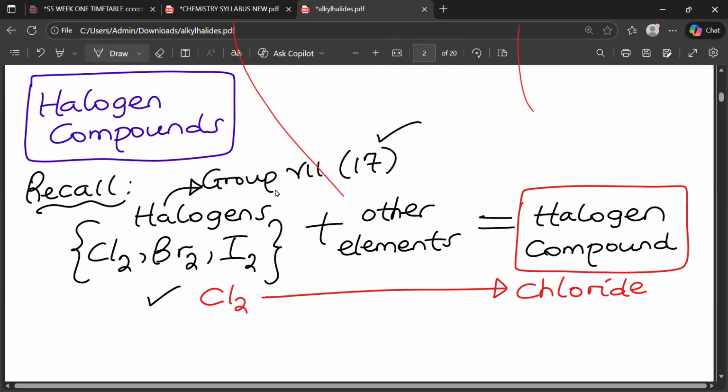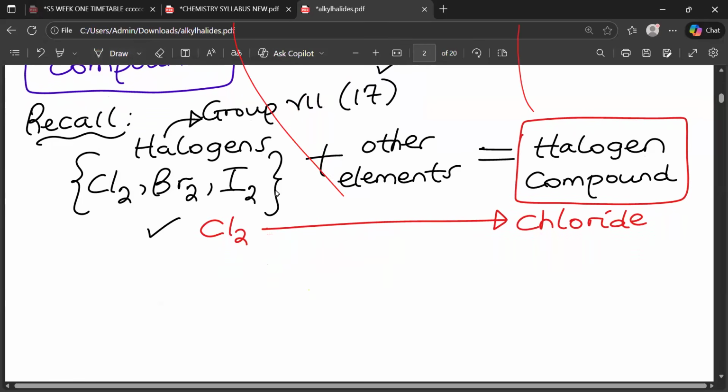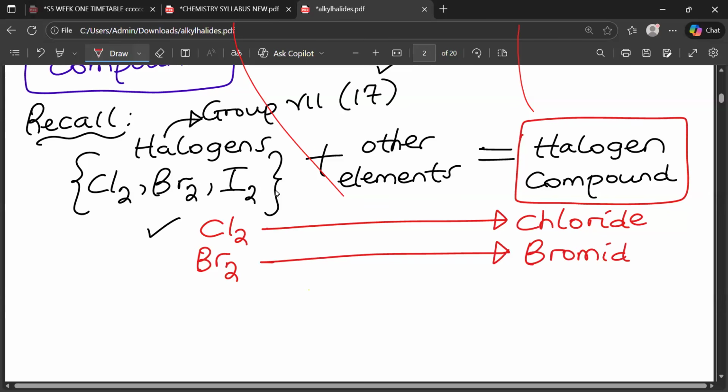You understand? Maybe if chlorine reacts with sodium, what you form is sodium chloride. Maybe if the halogen participating is Br2, the compound we form is a bromide. I want you to follow.